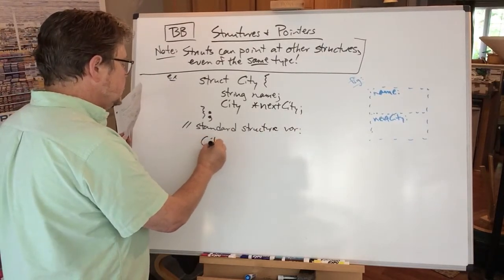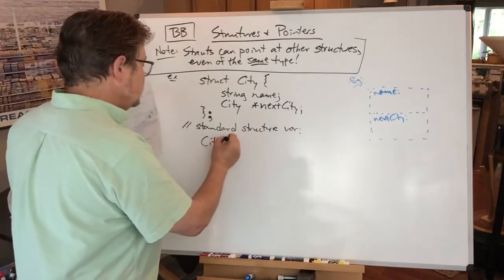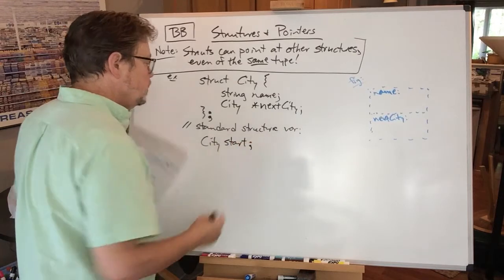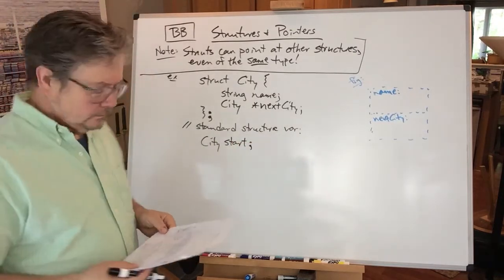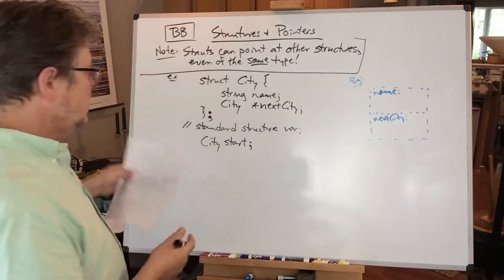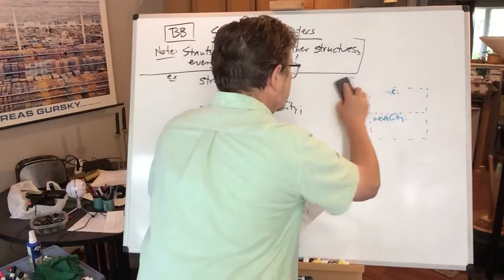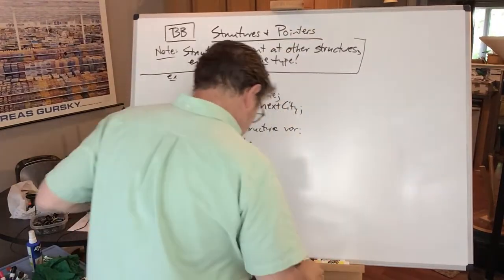City with a capital C, brand new homemade data type. So city with a capital C, I'm going to call this variable start. My starting point. Where am I going to start on my tour of the country? Well, I'm going to start in Lexington. Now that I have the variable, I told you I was going to have to erase this, and I am. But now that I have the chance, I'm going to go to a darker color.